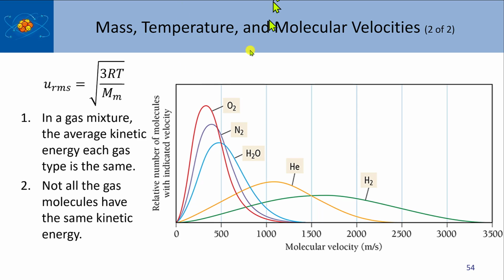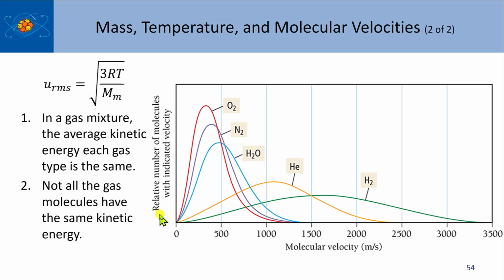And basically the way these curves are distributed is that the heaviest gases have the slowest average velocity, which happens to be, if I remember right, here somewhere where this is pointing, and this one's where the nitrogen's pointing. That's the RMS velocity. Actually, it's the root mean square velocity, but it's like the average velocity of the population of gases. And so it's directly proportional to temperature, but inversely proportional to molar mass.